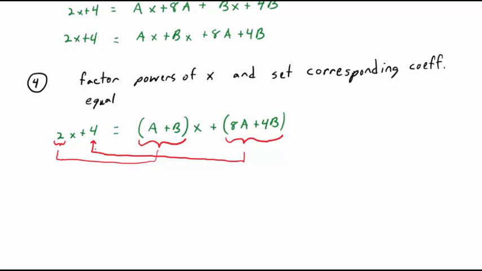And that gives you a system of equations. So step 5 would be solve the resulting system of equations. The resulting system is a plus b equals 2, and 8a plus 4b is equal to 4. Does everybody see what I did there? Is that okay? Any questions?